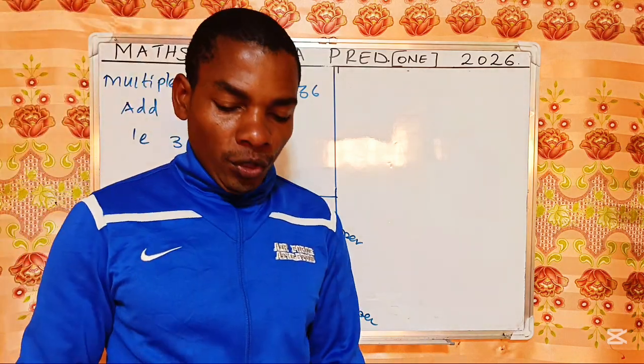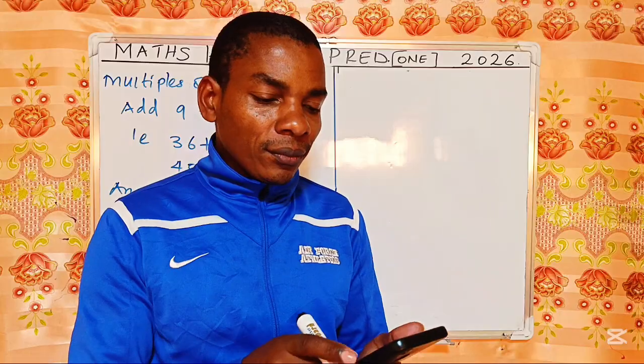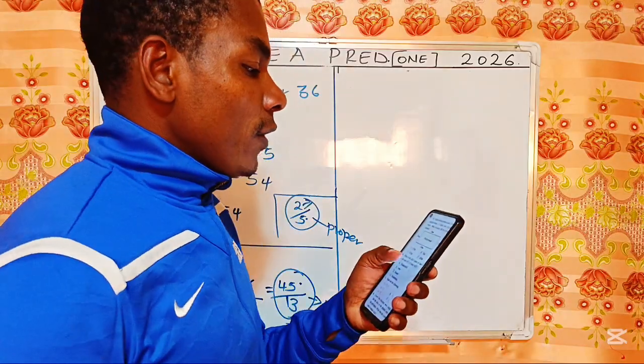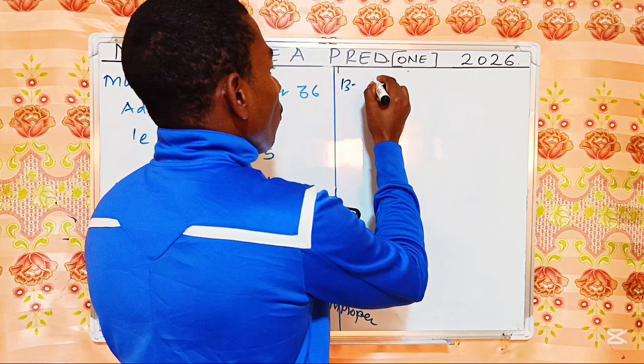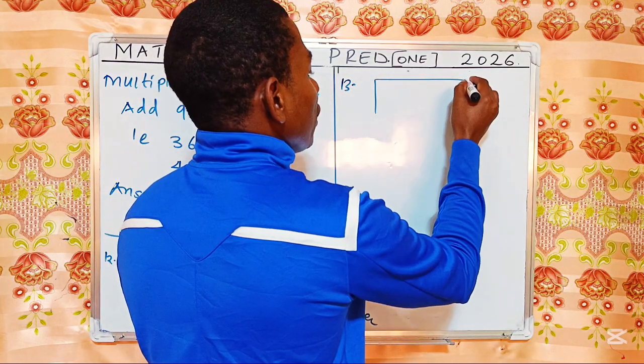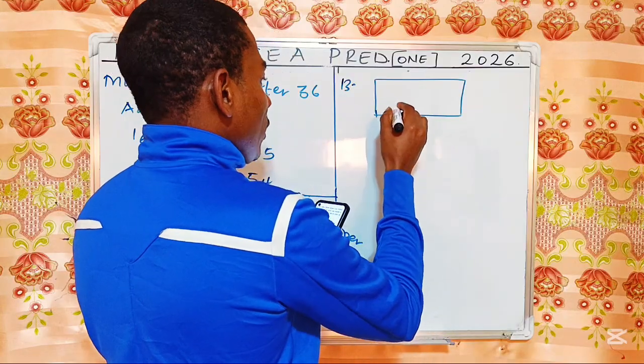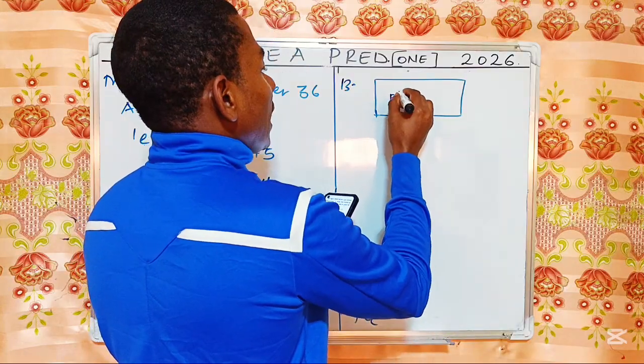So allow me to proceed to question 13. The figure below shows Larry's school playing ground. If John ran around it twice, what distance did he cover in meters? So for question 13, we have the compound here, Larry's playing ground.